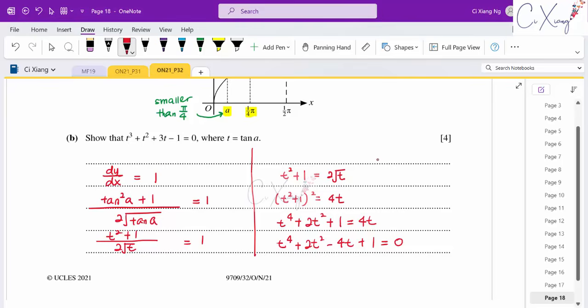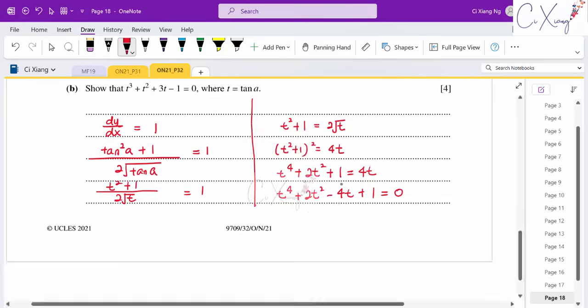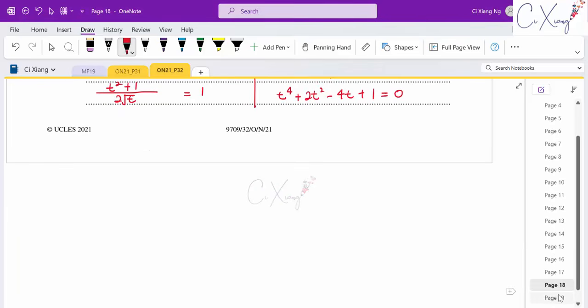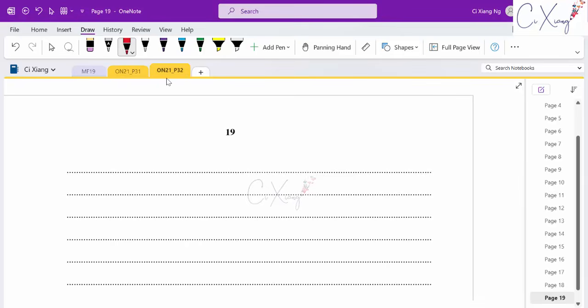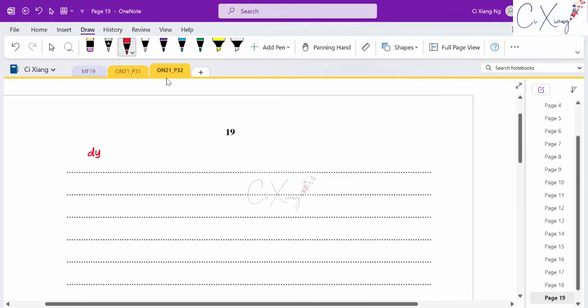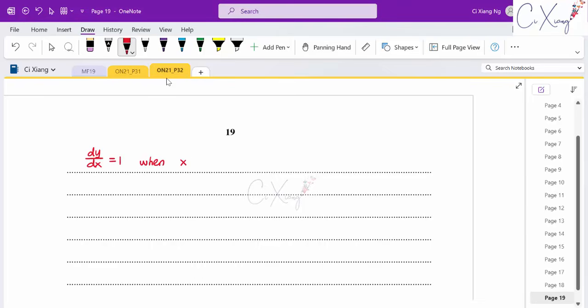Again, we recall the answer that we got in part A just now. In part A, we actually know that dy dx equals 1 when x equals pi over 4, which means that tangent pi over 4 equals 1.